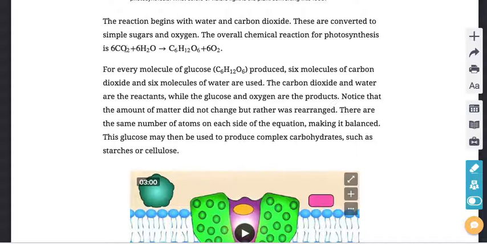That O2 is oxygen, but do you see the subscript of 2? That means you multiply 6 times 2, which is 12. You actually have 12 oxygens. So you have 6 carbons here, but 6 times 2 oxygens, so 12 oxygens.